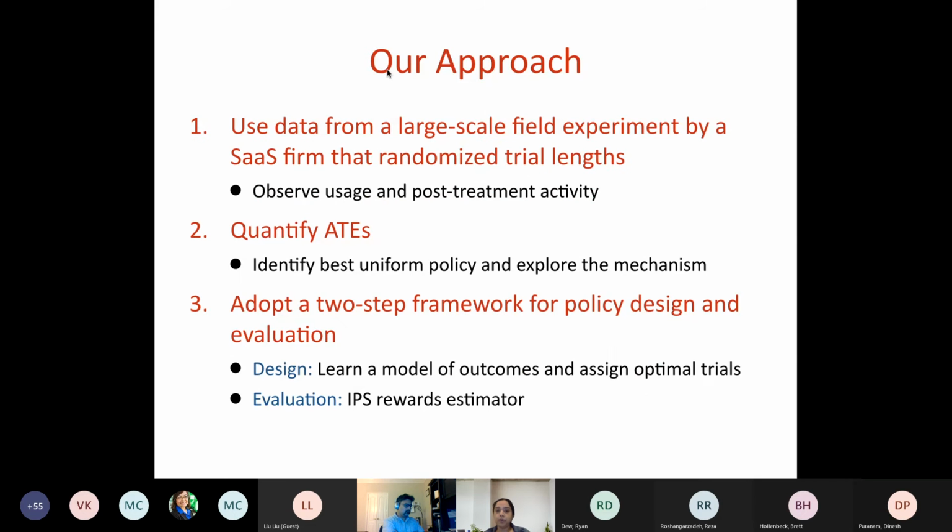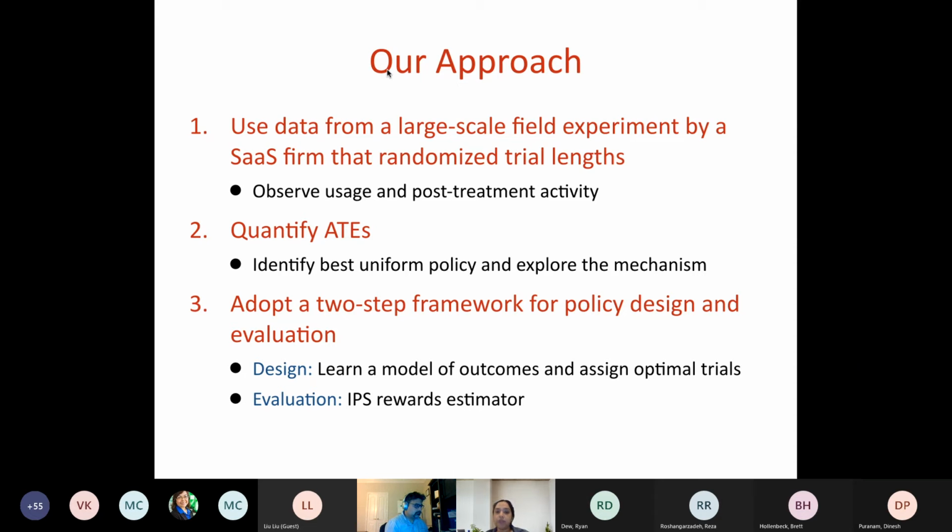So this is a broad approach which will address these challenges and provide answers to the questions that we set out at the beginning. First, we're going to use data from a large-scale field experiment by a SaaS firm that randomized trial lengths, and we are also going to observe usage and post-treatment activity.